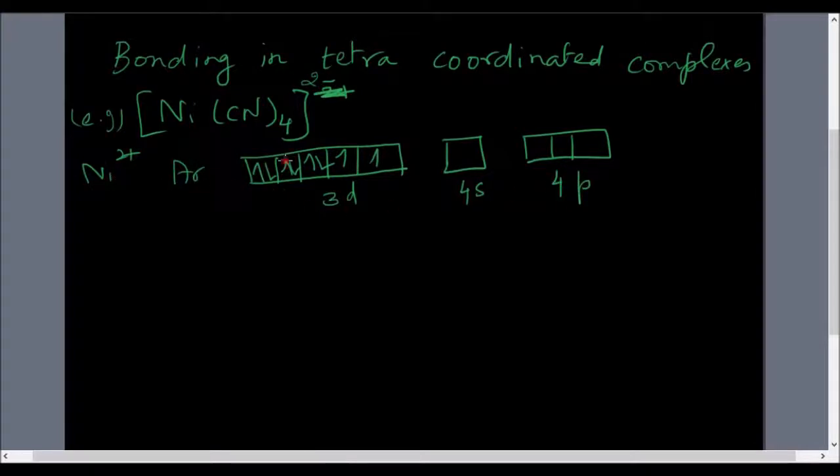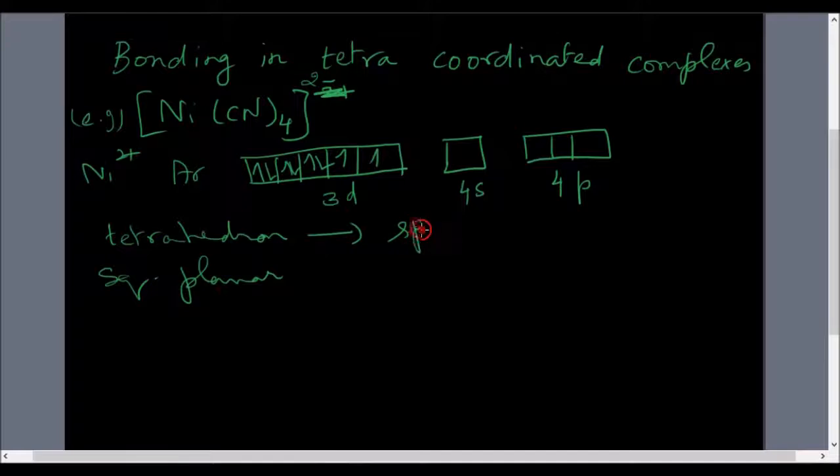Now, when there are 4 ligands, there are 2 geometries possible. One is the tetrahedral geometry and the other is the square planar geometry. And as you all know, tetrahedron is always associated with sp3 hybridization and square planar geometry is associated with dsp2 hybridization.